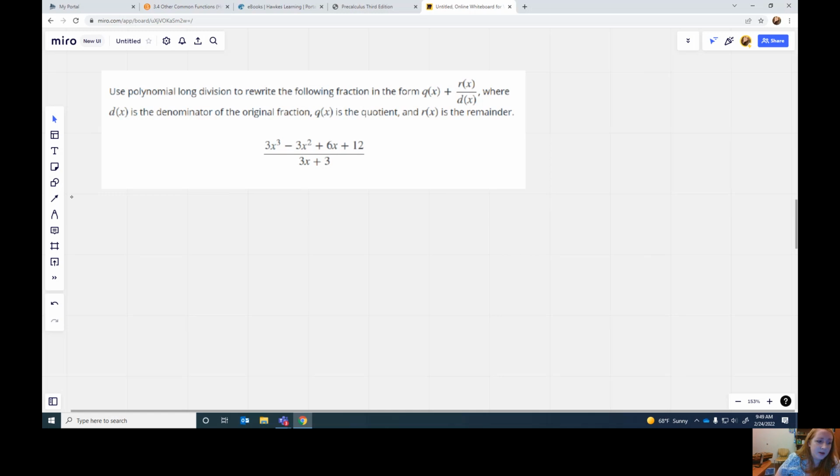So let's write this long division style. 3x plus 3, and 3x cubed minus 3x squared plus 6x plus 12.